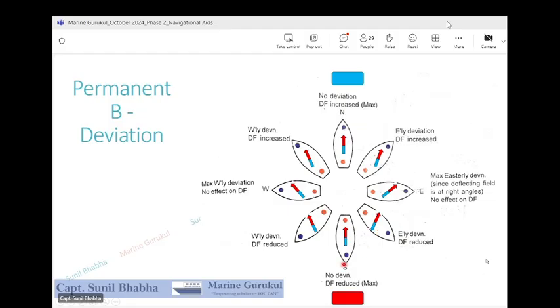When the ship goes on southerly heading, even though the blue pole is closer to the blue end of the compass needle and the red pole is closer to the red end of the compass needle, they are still not able to generate any deviation. The red and red poles are repelling, blue and blue poles are repelling, but the strength of the poles of the ship is much weaker as compared to the strength of the Earth's poles.